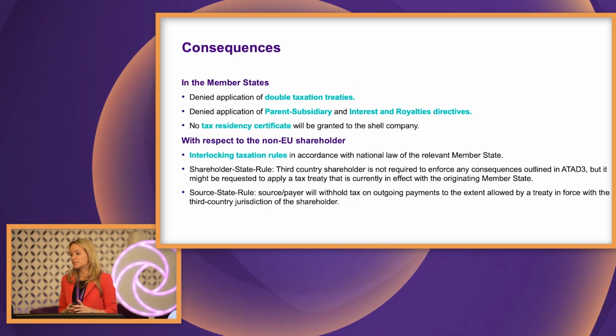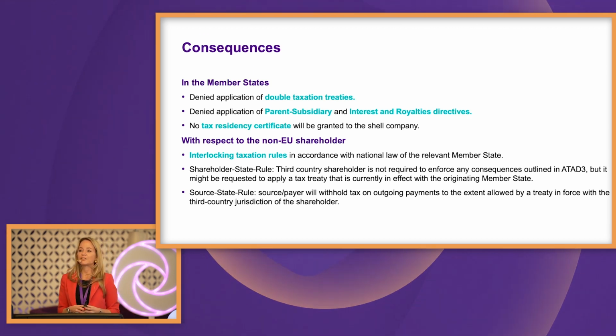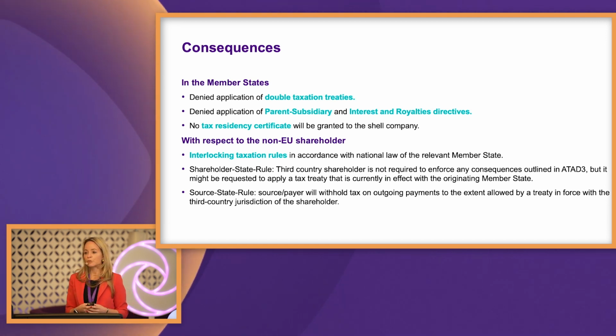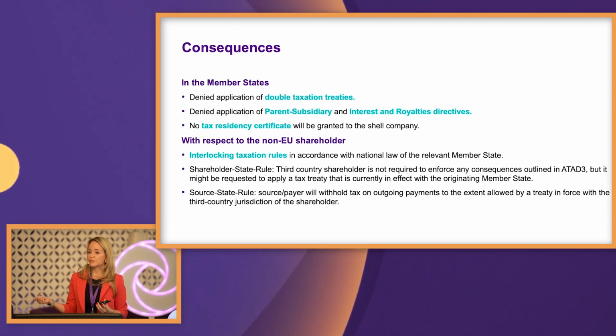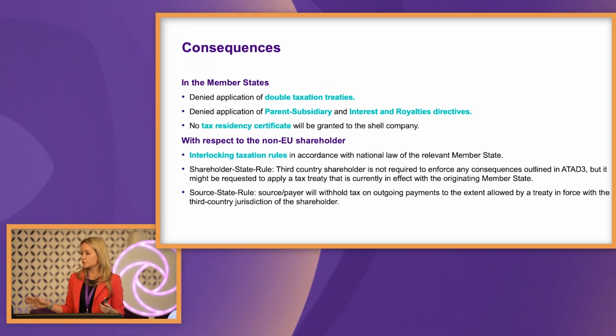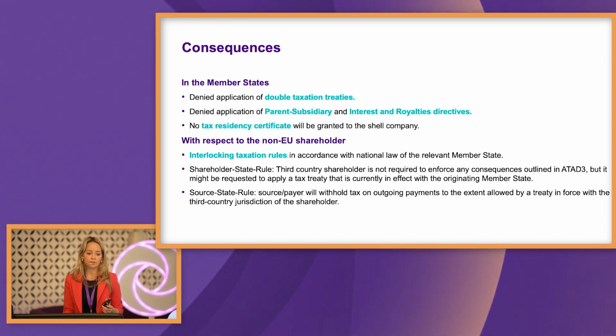But if you don't pass it, so if you meet the gateways and you do not meet the substance, then you are a shell company. And that means adverse consequences will be applied. The parent subsidiary directive and all EU directives will be denied, the tax treaties will be denied, and you will not be granted a certificate of residency.